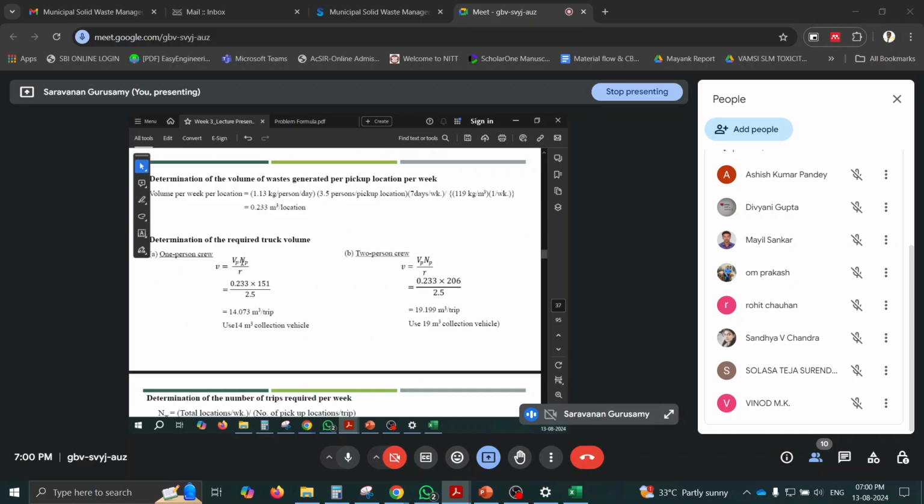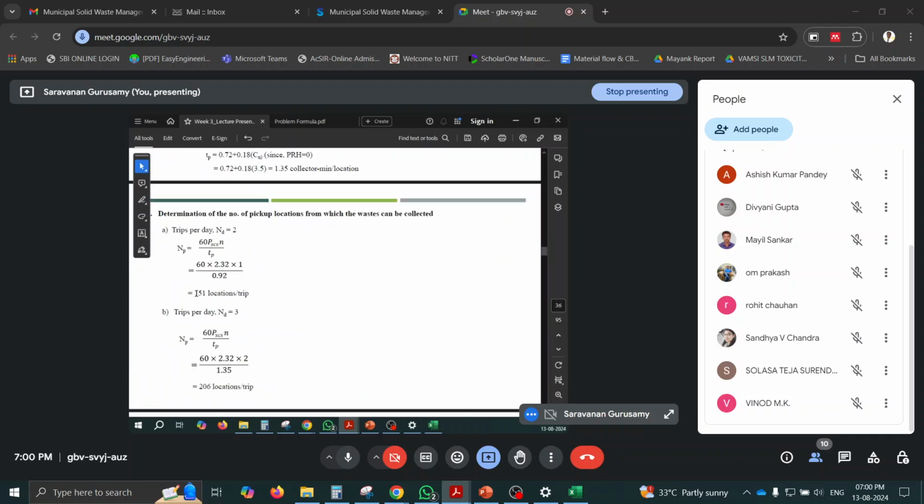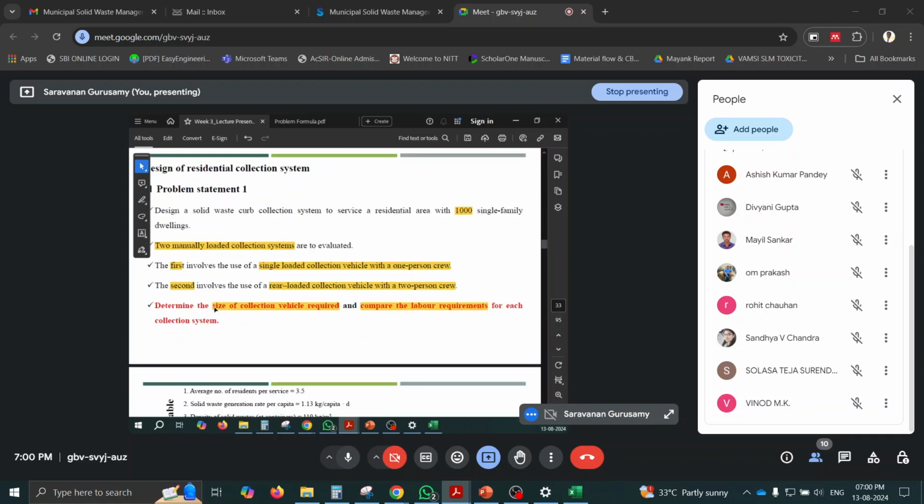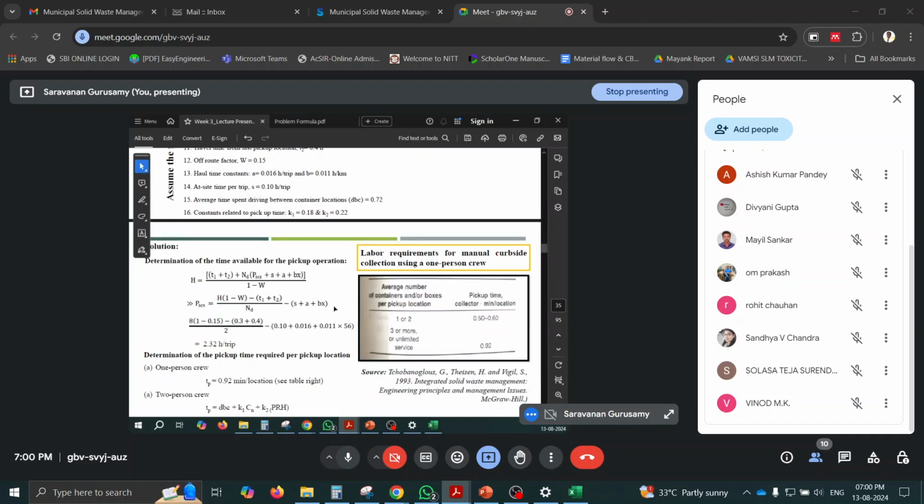If you substitute the NP values calculated there, 151 and 206 locations per trip, we can find the vehicle volume required: 14 meter cube for a 1 person crew. If it is a 2 person crew, a 19 meter cube collection vehicle is required. That is the capacity of the vehicle required, and that's what was asked in the question: the size of the collection vehicle required.